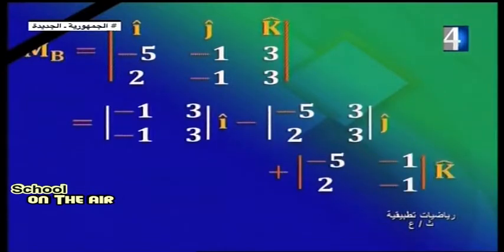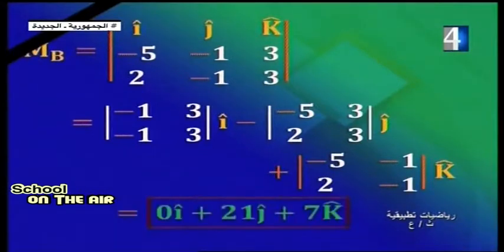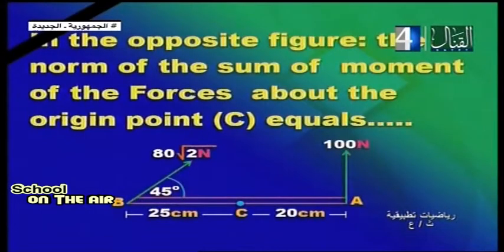By using a calculator or minor determinants, we calculate the moment about B equals 21j plus 7k. Therefore, my dear student, this is the moment of the force vector about the point.